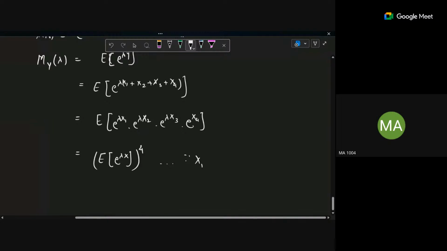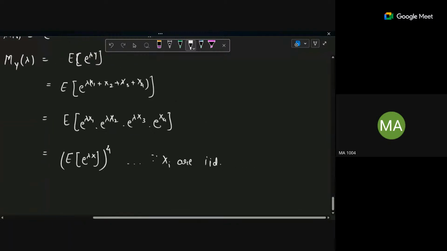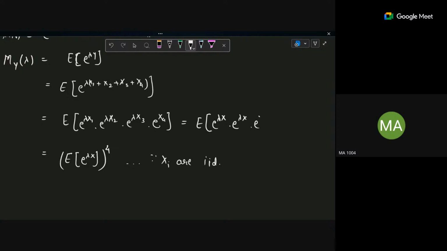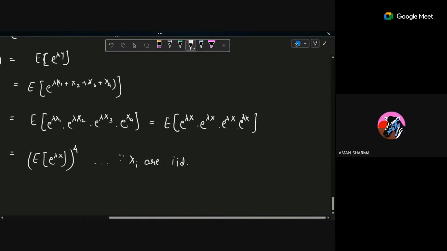Because Xi's are independent, IID. First, since they are identical, I can write it as expectation of e to the power lambda X, 4 times, right? Because they are identically distributed. So this step came from identical.